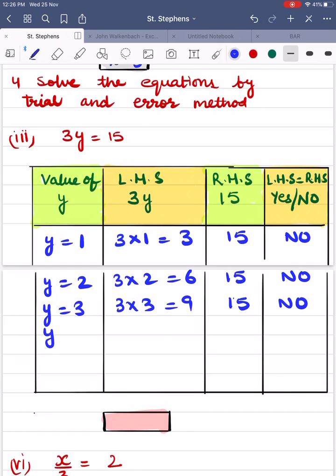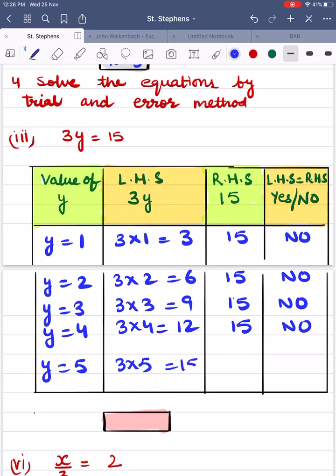Let's take y is equal to 4. 3 into 4 is equal to 12, again it is not equal to right hand side. Now let's try y is equal to 5. Now 3 into 5 is equal to 15, which is equal to right hand side. So we stop here. So children, when y is equal to 5, left hand side is equal to right hand side. It means y is equal to 5 is the solution of the equation.